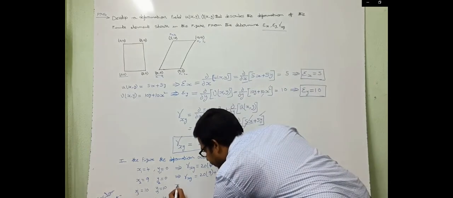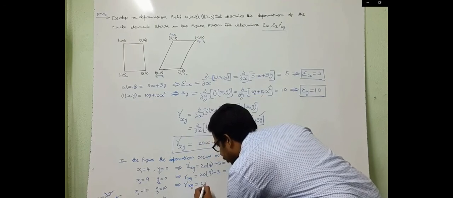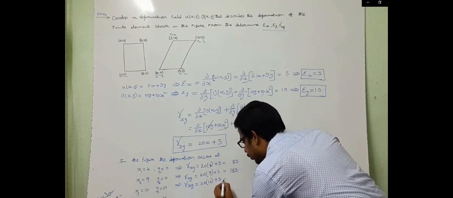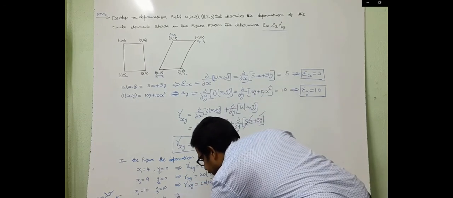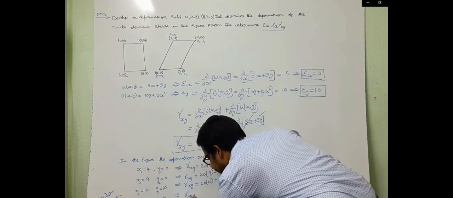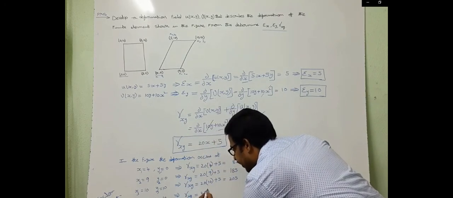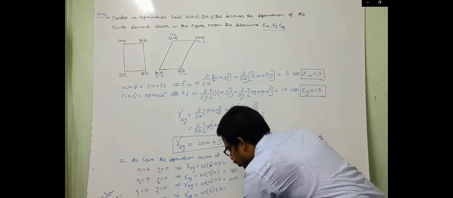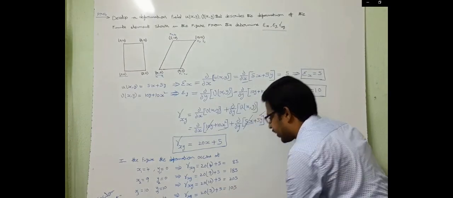Coming to the third one, gamma xy is 20 into 10 plus 5, 205. Coming to the last one, gamma xy is equal to 20 into 5 plus 5, which is 100 plus 5, 105.